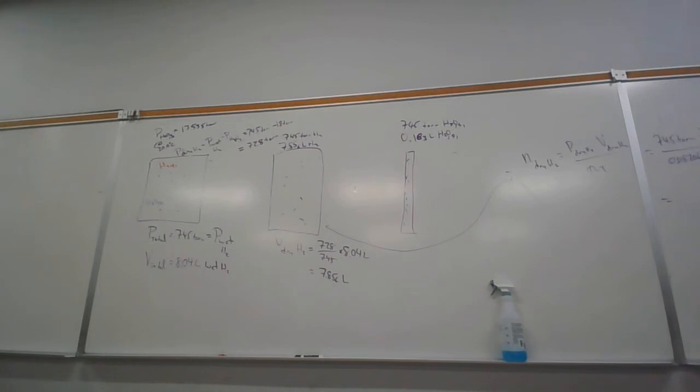So what does that give us? 745 times 7.856 divided by 0.08206 divided by 293. Oops, I forgot to convert to atmospheres. 1 atmosphere is equivalent to 760 torr.